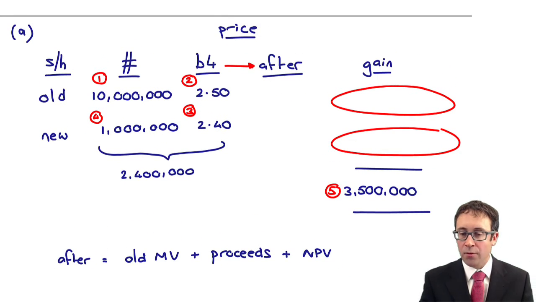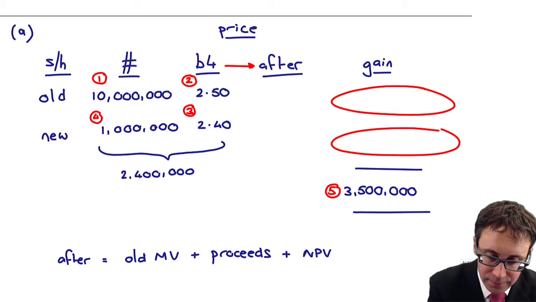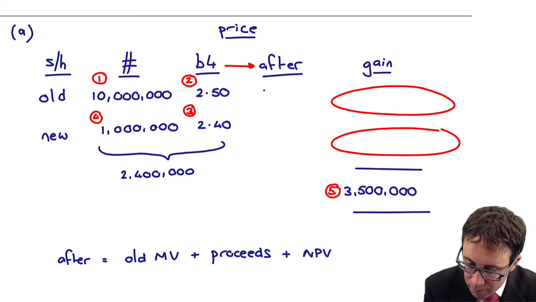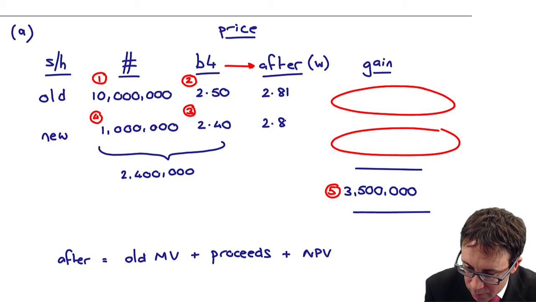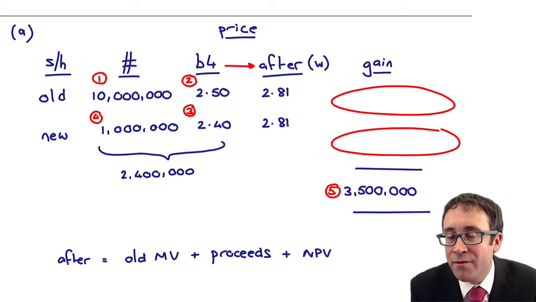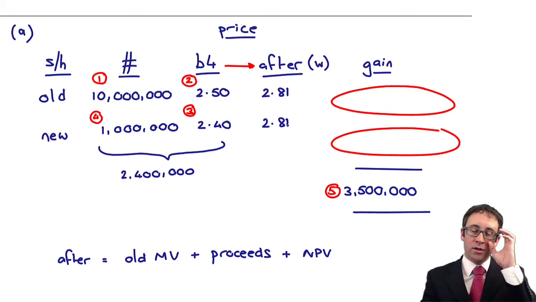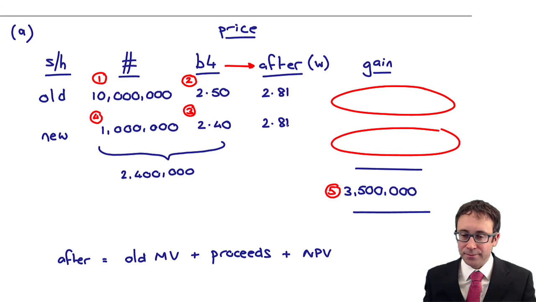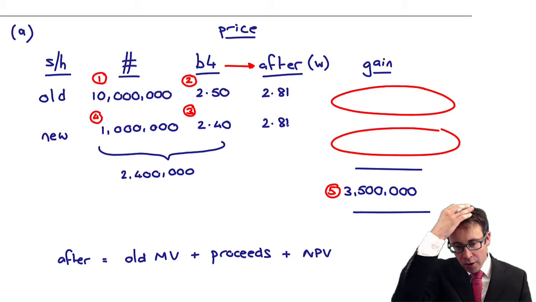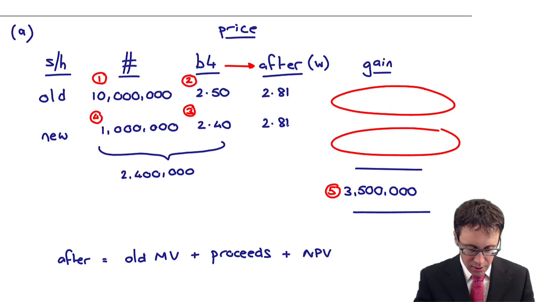Well, we now know that the price after is $2.81. So I'll just reference that to my working so you can all see where that comes from. And the price after has to be the same for both the old and the new shareholders. Okay. So what's the gain? Let's work it out for the old shareholders first. 2.81 less the $2.50.